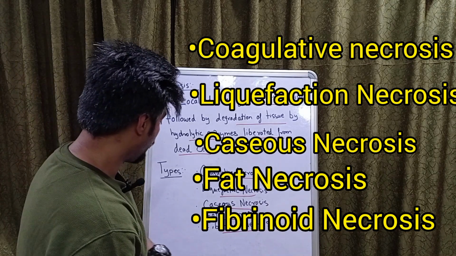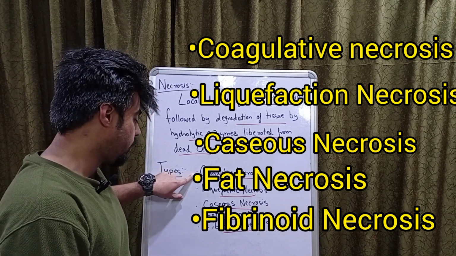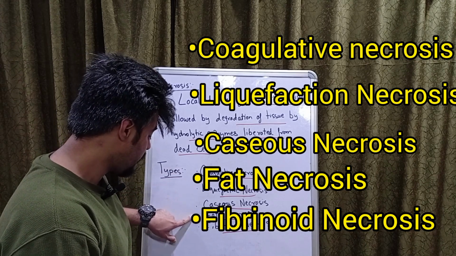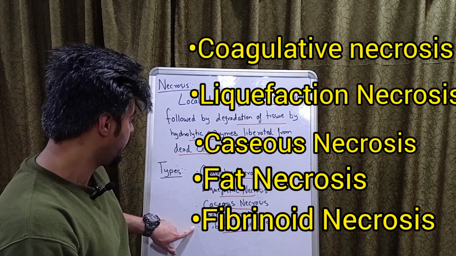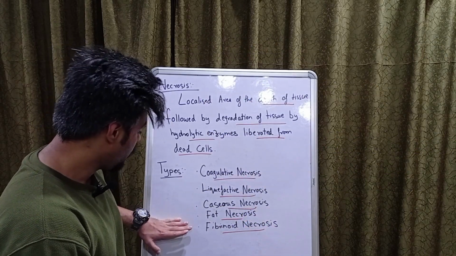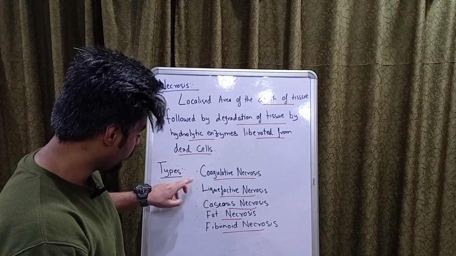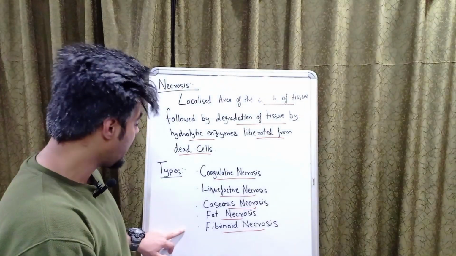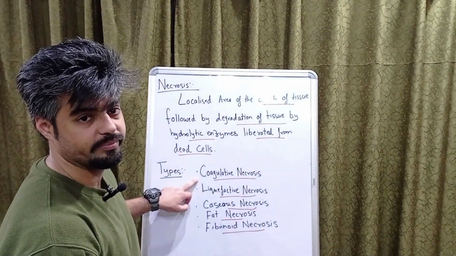These are all the types of necrosis. Now we are going into detail on the different types, starting with coagulative necrosis.